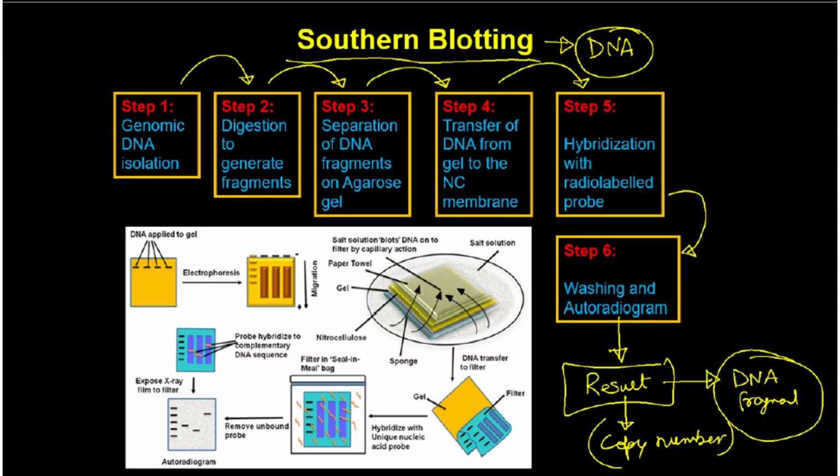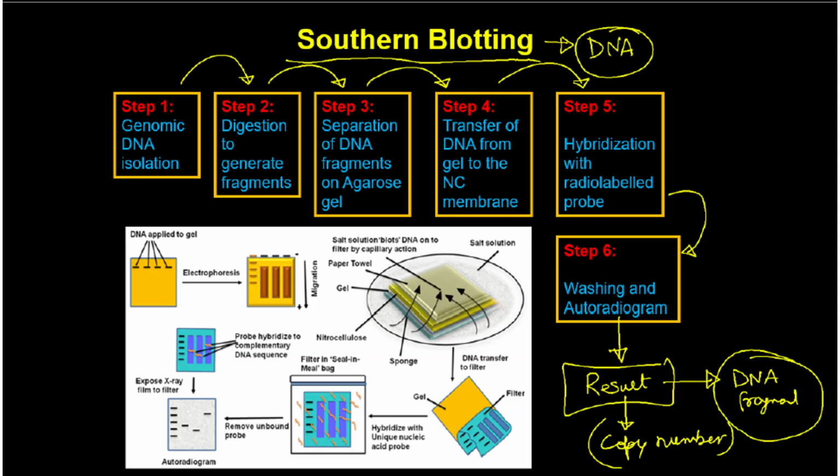Then the separation of DNA fragments on agarose gel, because in blotting we are transferring what we have separated. So they must be separated on gels that have different pore sizes, and then transferred to a suitable membrane where they can be studied.